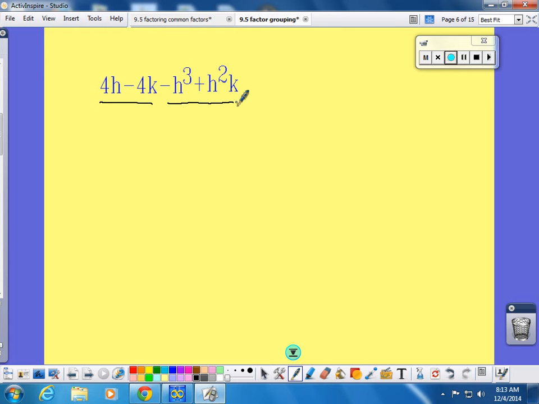Let's try it this way. What would I factor out of these two? You just told me. A 4. What would you factor out of these two? Be careful. H squared, positive or negative? When you get your answer in parentheses, you want it to be positive H minus K. So it'll change.